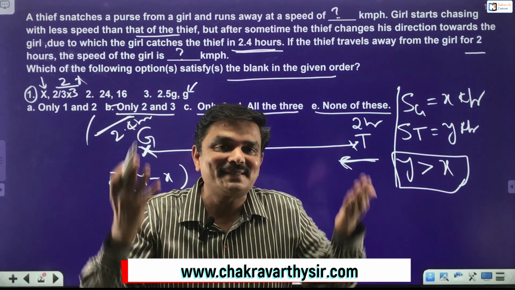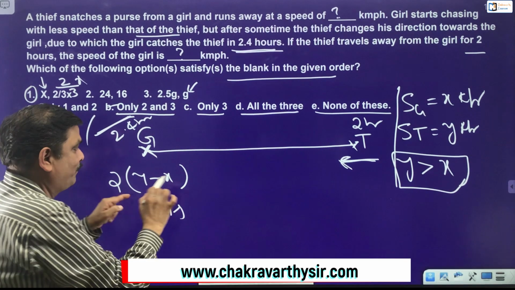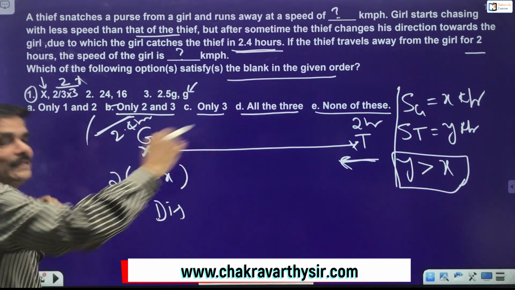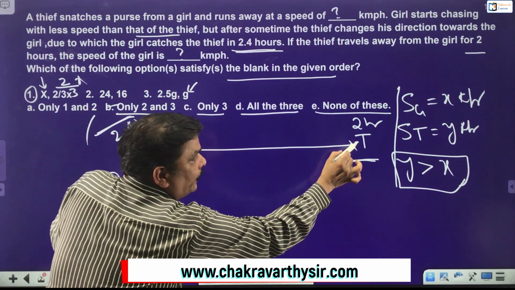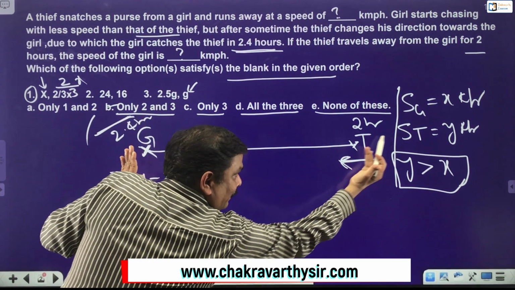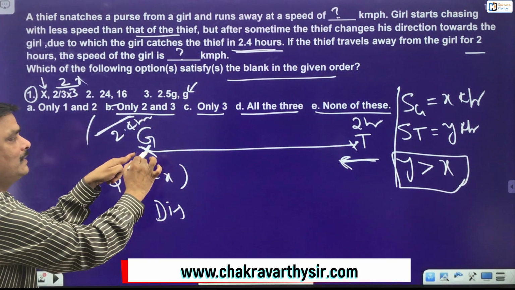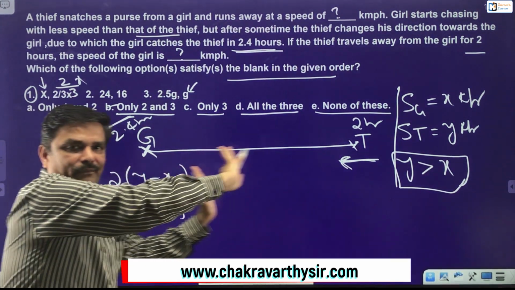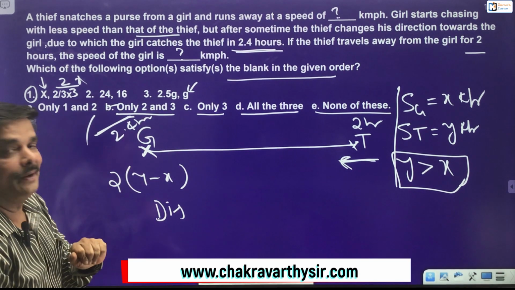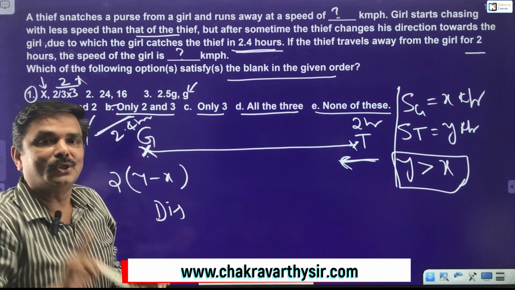In both the cases, the distance is the same. Isn't it, students? Now, try to find out. First, I have taken the relative speed in the same direction. Now, the thief turned towards the girl. When he is turning towards the girl, the girl is somewhere here. Actually, both are moving, somewhere here. And when he turned, in both the cases, the distance is the same.